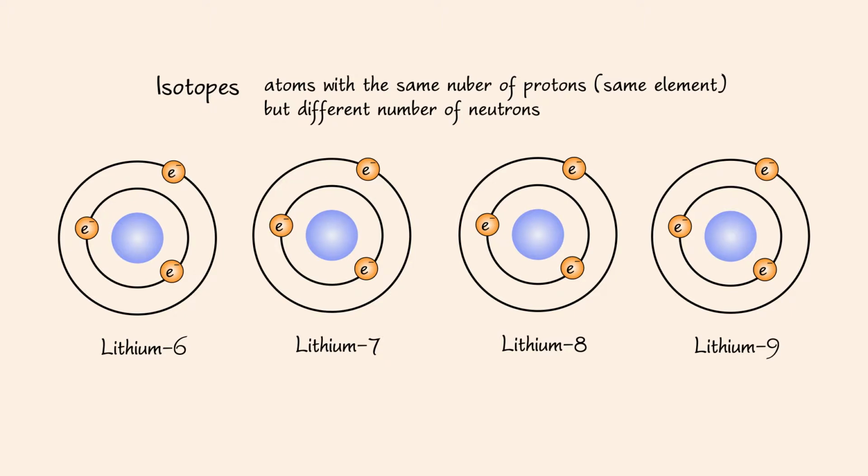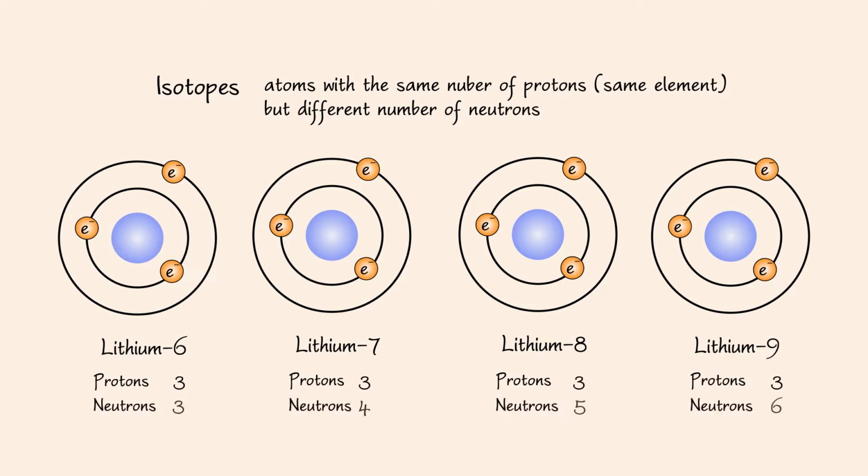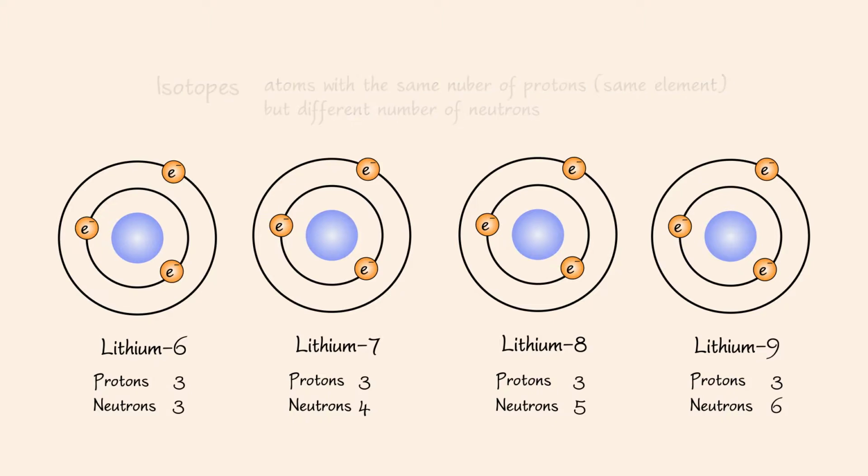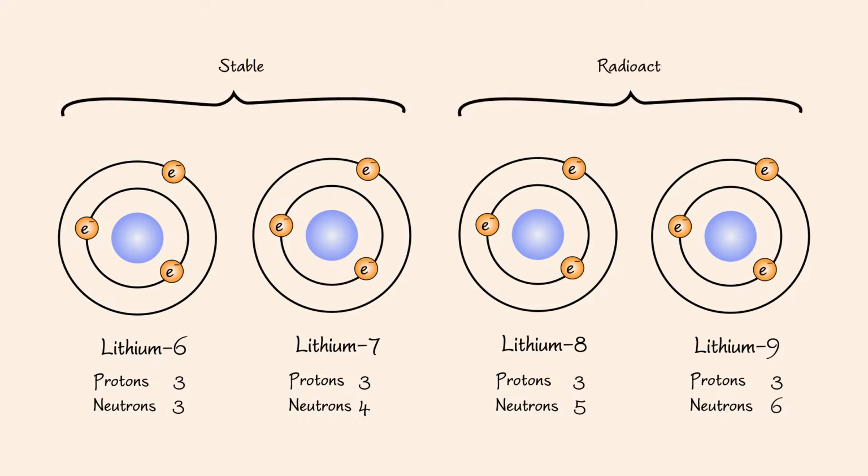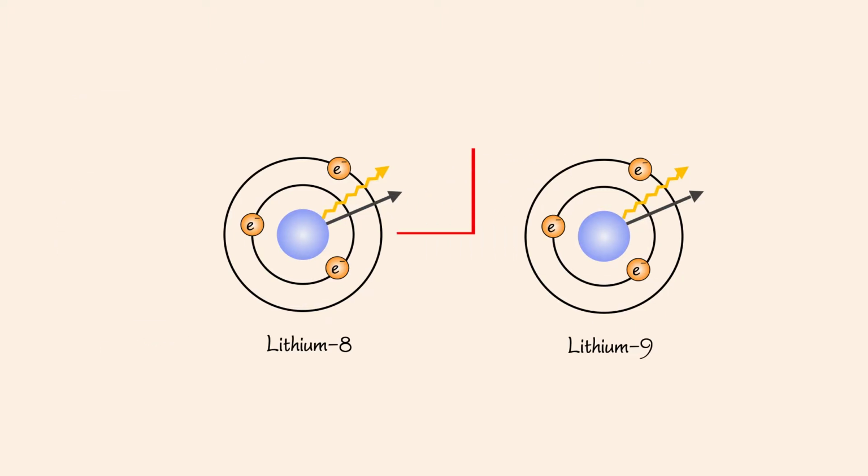Below each isotope, we have tabulated the number of protons and neutrons. Isotopes can be further classified as either stable or radioactive. Radioactive isotopes emit particles and energy, whereas stable isotopes do not. The process of emitting particles and energy is known as radioactive decay.